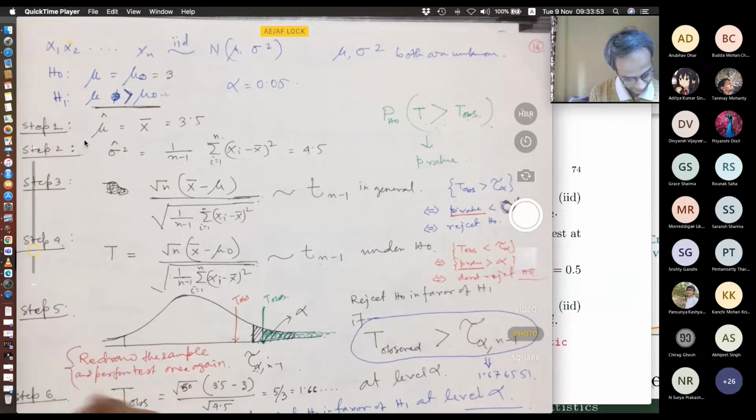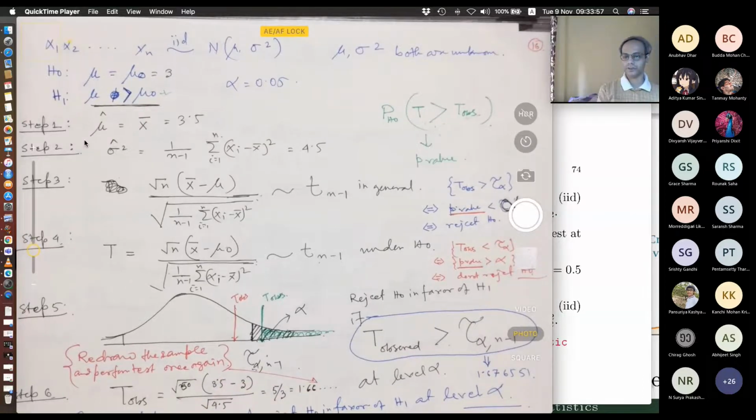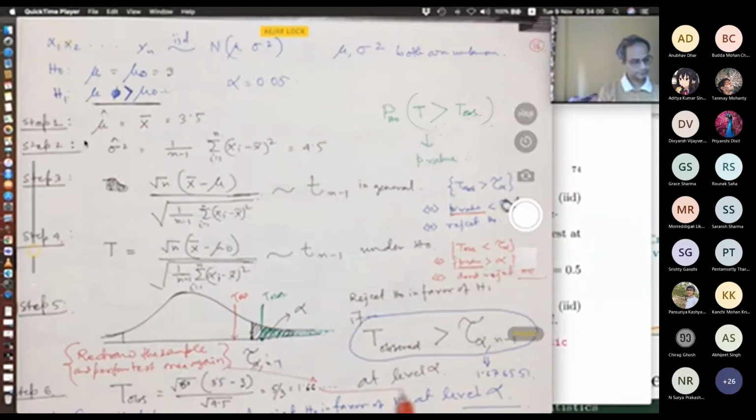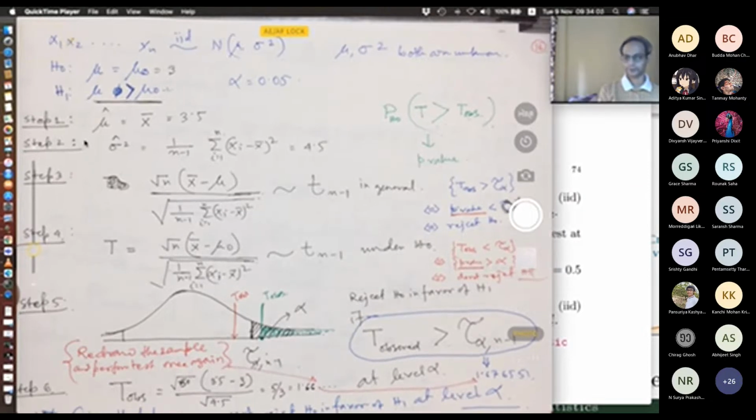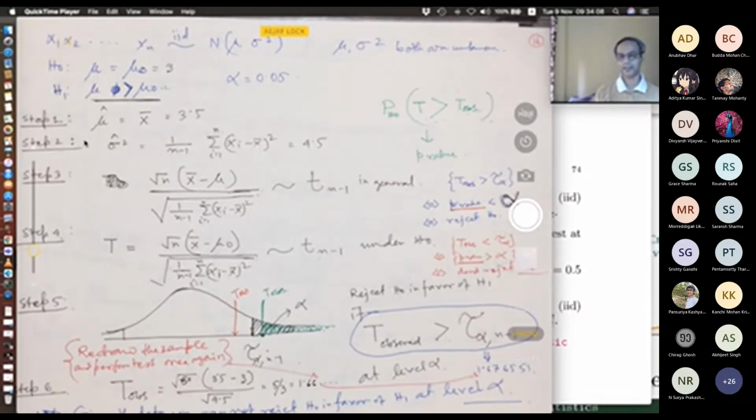This is the recommendation because this value is very, very close. It is always recommendable that you draw another sample, meaning another chunk of 50 observations.